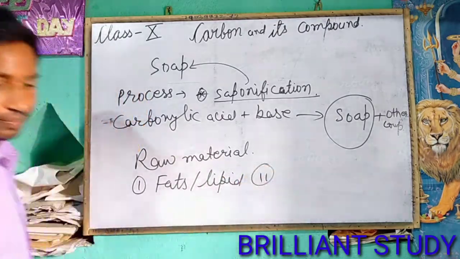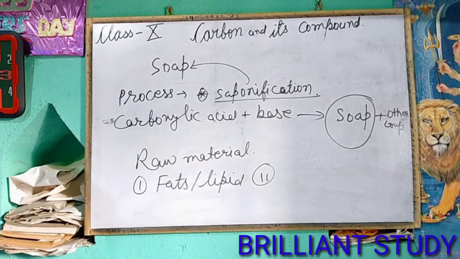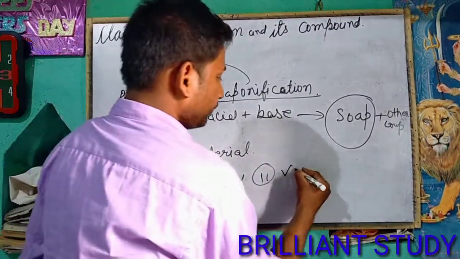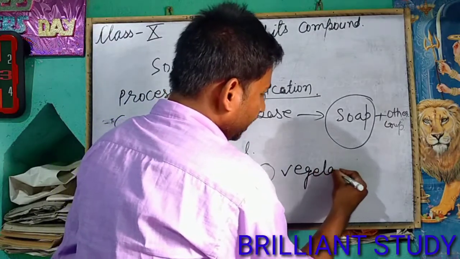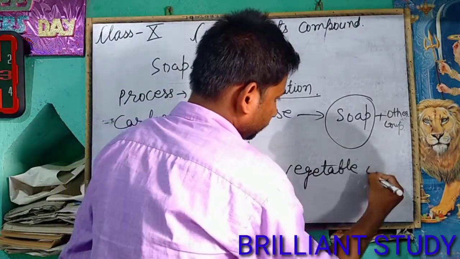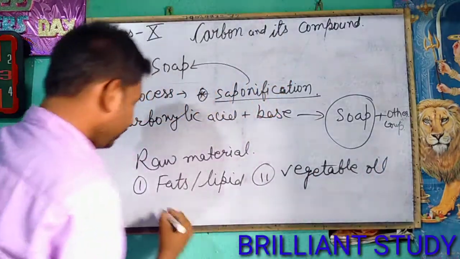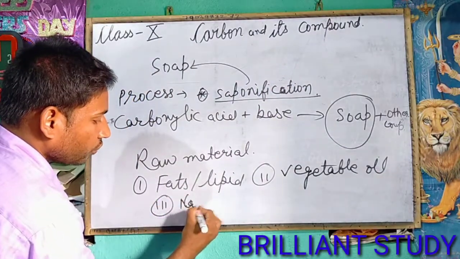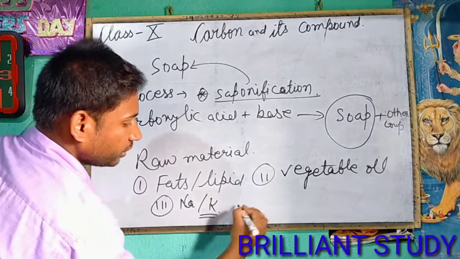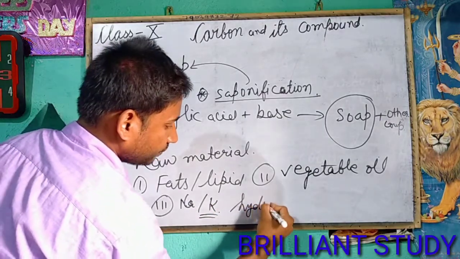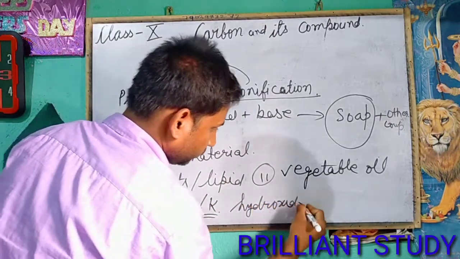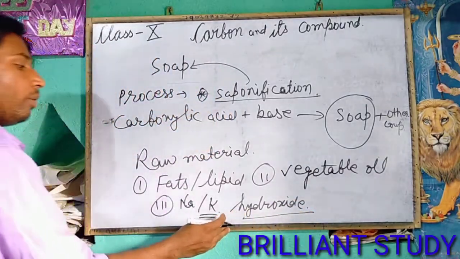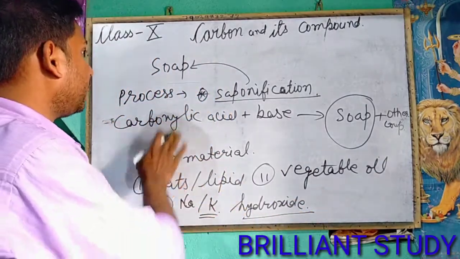Next, vegetable oil, and we need sodium or potassium hydroxide. These are the raw materials that are used for making soap.